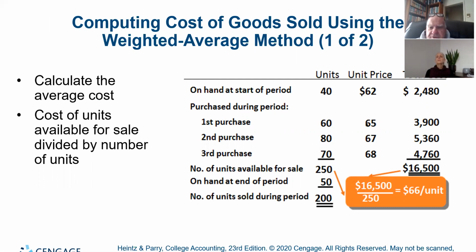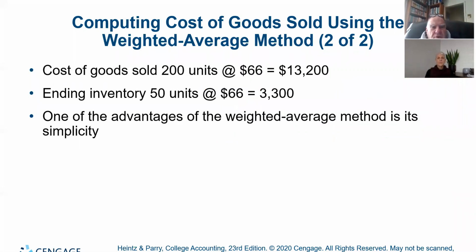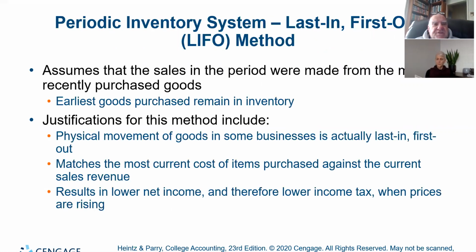They'll go 62 plus 65 plus 67 plus 68 and divide by 4. And that's not going to be the right number. The only way that works, Lori, is if all the units were the same. It's an easy mistake to make, though. Cost of goods using the average. Here we go, 200 times 66 in the inventory. One of the advantages of this method is its simplicity.